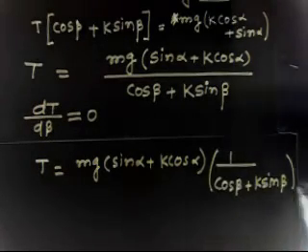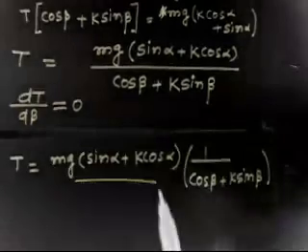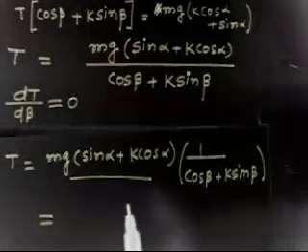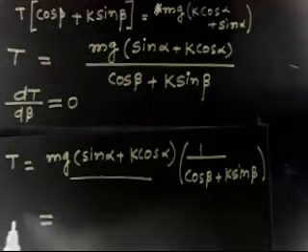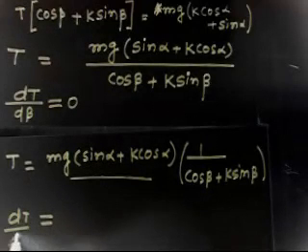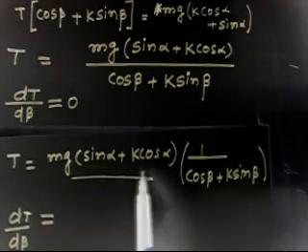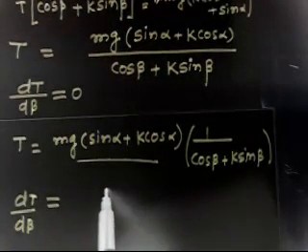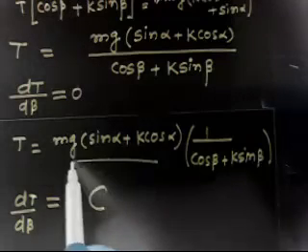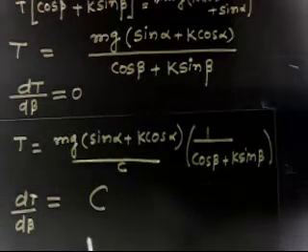So this is the function. Now this is a constant because this is only a function of beta. So let us differentiate this one. So dT by d beta, there is some constant, let us say I can call this whole constant c.